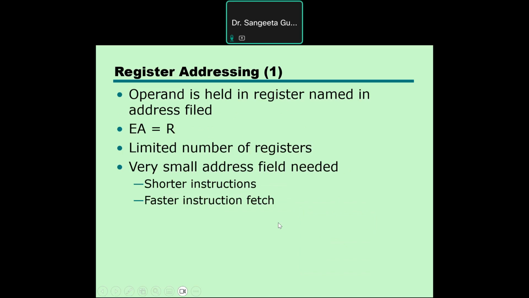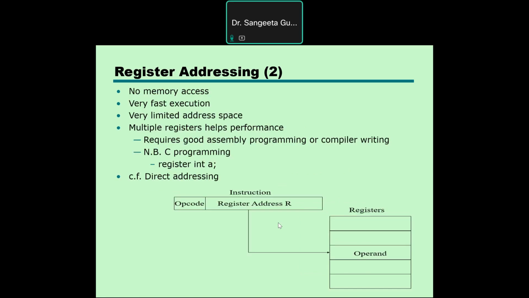Shorter instructions can be supported and it supports faster instruction fetch. When we wanted to represent the same, we have an opcode and in the instruction, the address part of the register will be specified. And now we do not need any kind of memory reference because our operand directly resides inside the register.